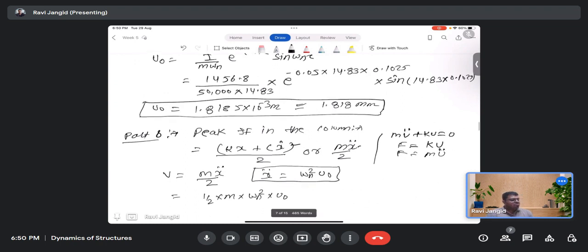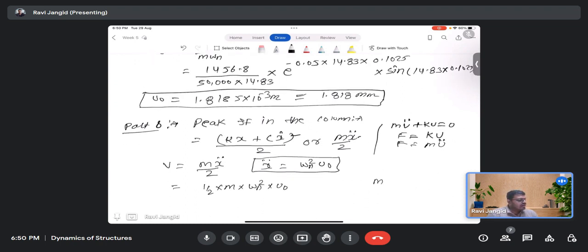Okay, so put the values as you have given. The mass is equal to 50,000, omega n is 14.83, and u naught you have calculated as 1.818 mm. So give me the shear force in the column.